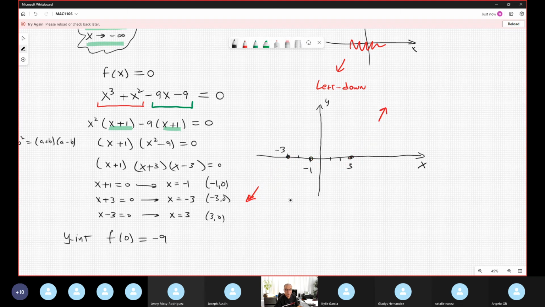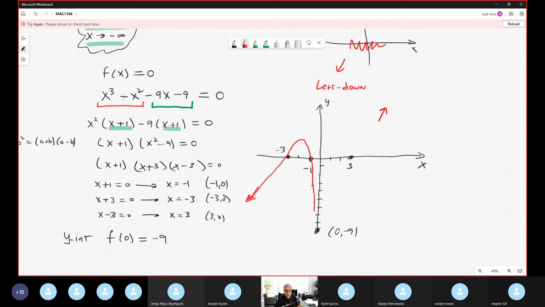Because I found algebraically here, negative 9: 1, 2, 3, 4, 5, 6, 7, 8, and negative 9. This point, 0, negative 9, is on the graph. So now, complemented, it is much better like this.